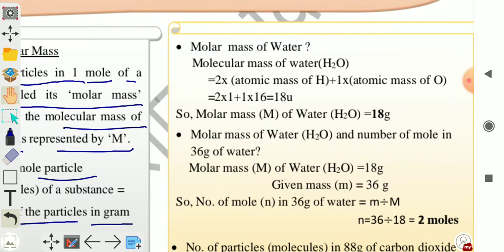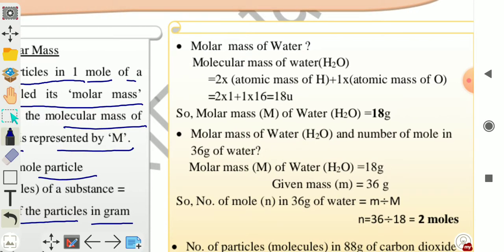Molar mass of water. How will you find out the molar mass of water? Molar mass means the molecular mass of water. And how will you find out the molecular mass of water? The formula of water is H2O. We have taken 2 atoms of hydrogen and 1 atom of oxygen.